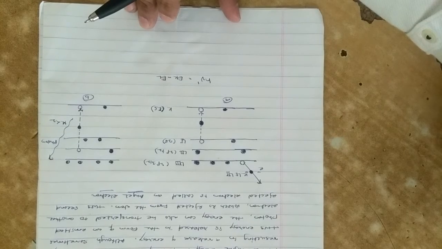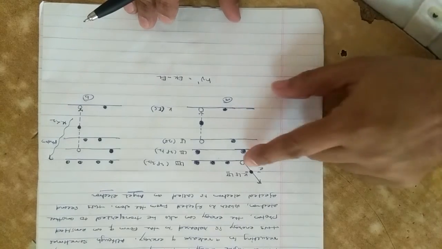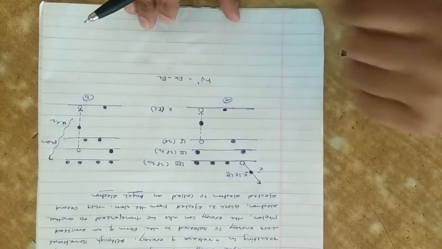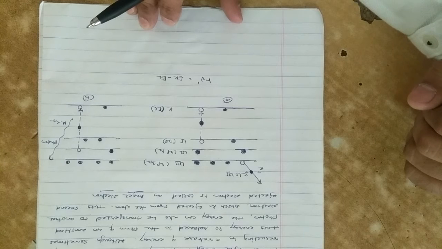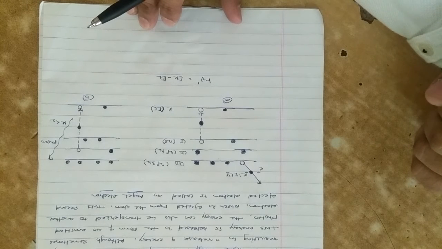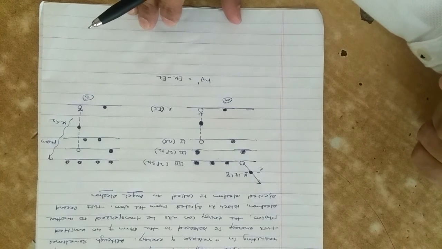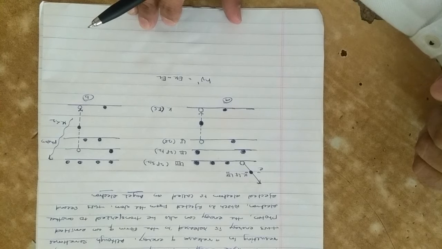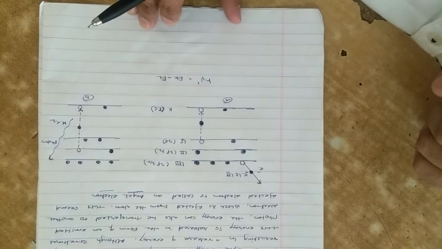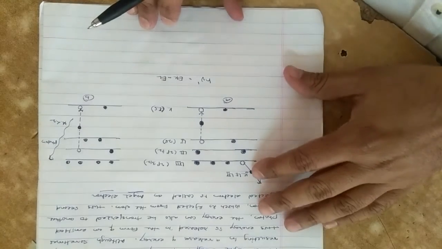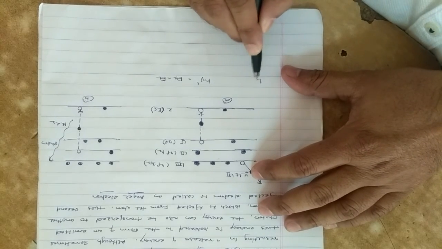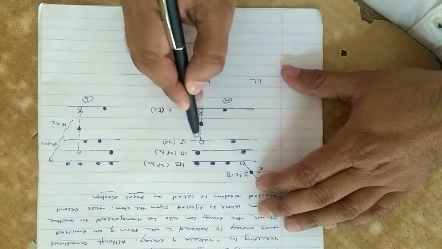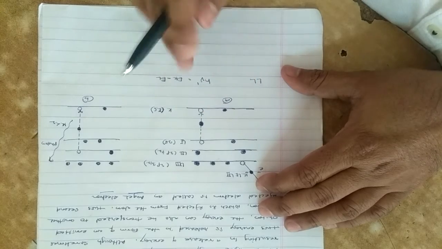Since there are now two vacancies in the L shell, this one and this one, the resulting energy level of the atom will be different from the L level and may be called the double-vacancy L level.